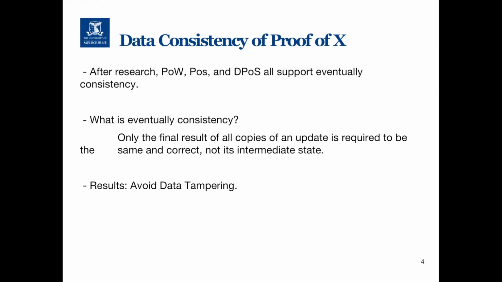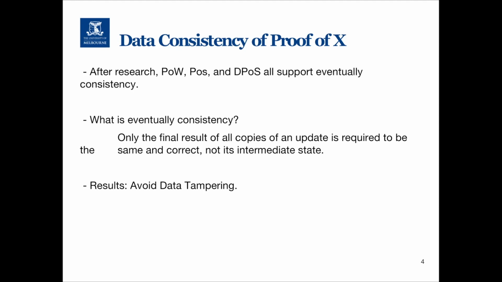Maintaining data consistency also ensures that all nodes in the blockchain network are informed about each transaction, which is positively used to prevent data from being tampered. Therefore, data consistency should be considered when studying the security of blockchain consensus mechanisms.